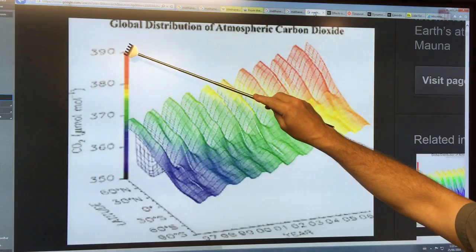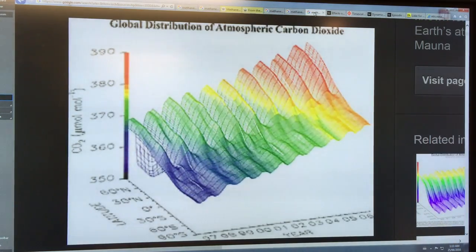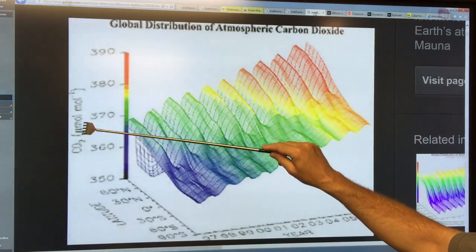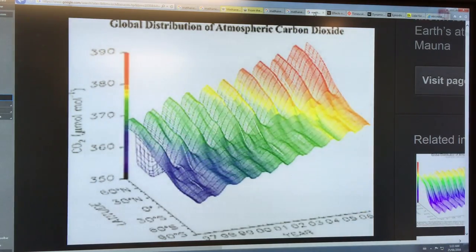This only goes to 390. We've approached 410. And this is parts per million, micromoles per mole. One part per million is 1 molecule of CO2 per million molecules. So this is the CO2.